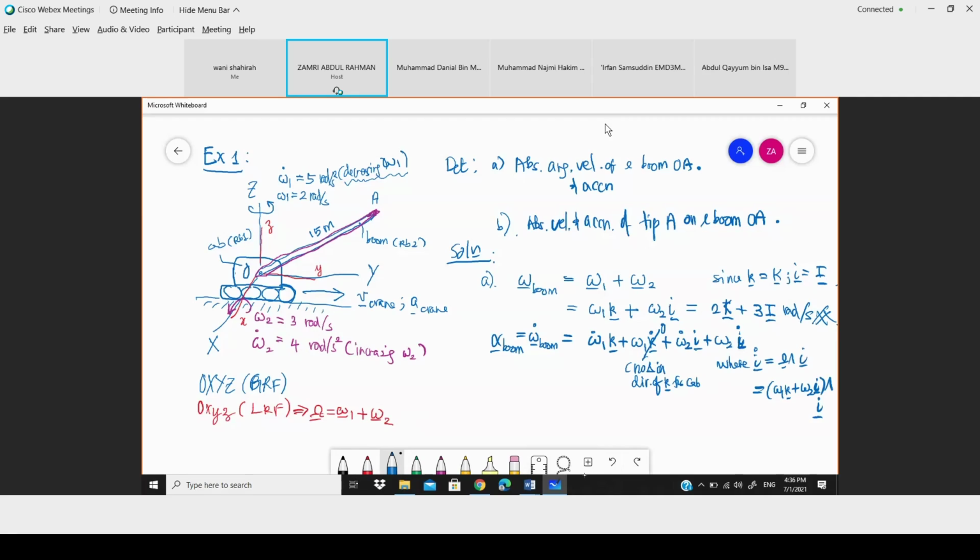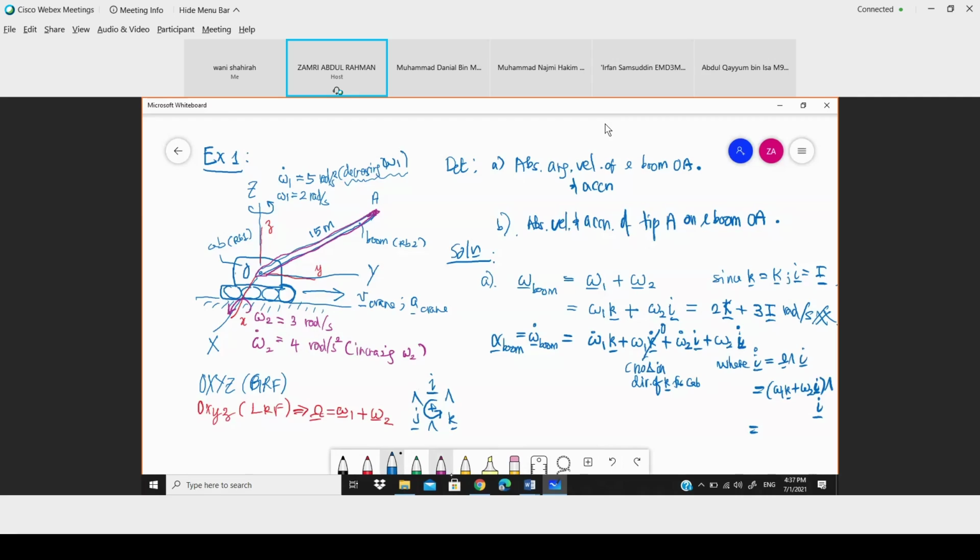I always encourage students to perform the cross product by arranging the unit vectors like this, then put the cross sign in between, and indicate the positive sense of the cross product.